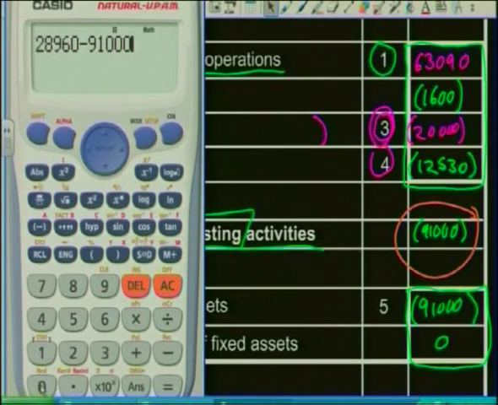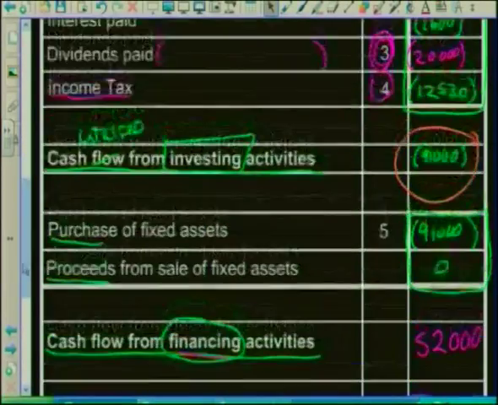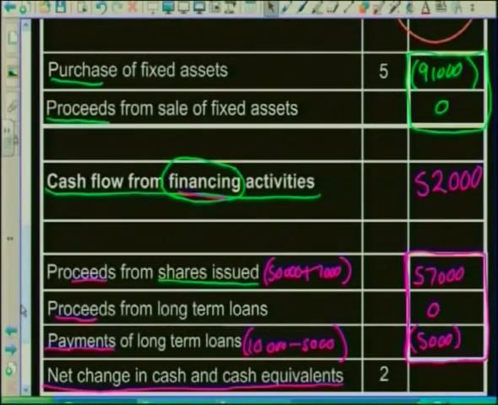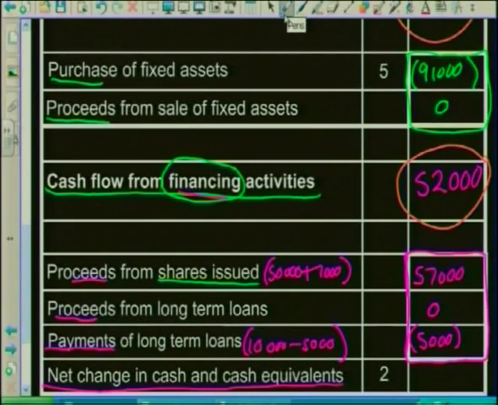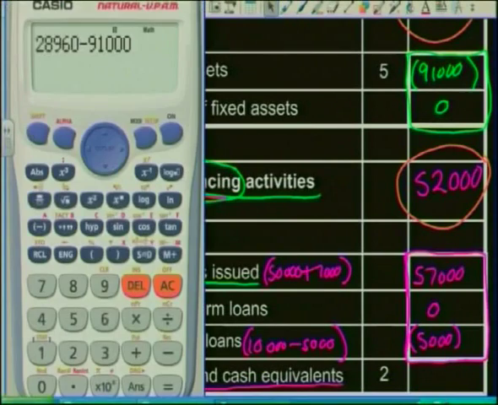Okay, we then looked at the last part of our cash flow statement, cash flow from financing activities, 52,000. So a positive amount. Let's get the calculator back. So plus 52,000. Right, and our answer, 10,040.